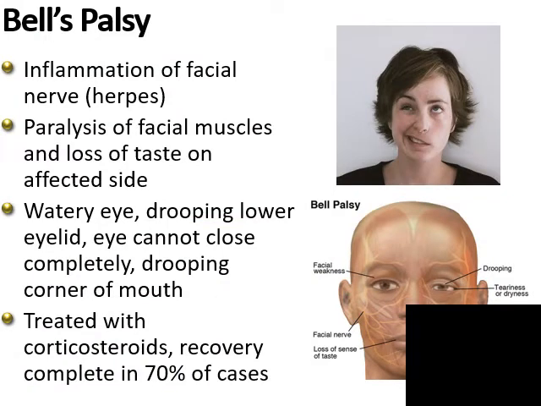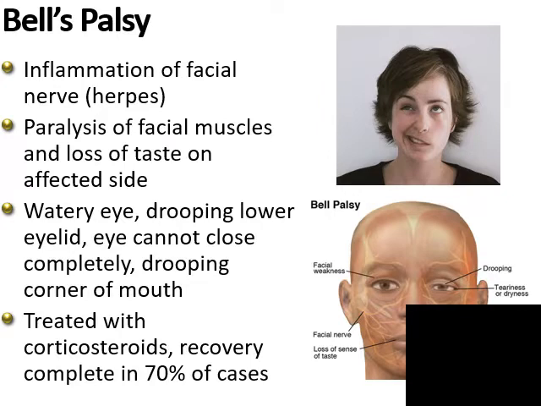Bell's palsy is inflammation of the facial nerve, which you know as cranial nerve 7, most commonly due to infection with herpes virus, but could be due to other things. And with Bell's palsy, there's paralysis of the facial muscles and loss of taste on that side of the tongue.